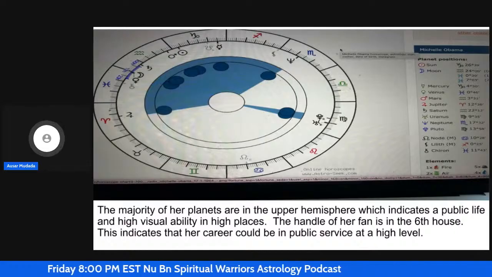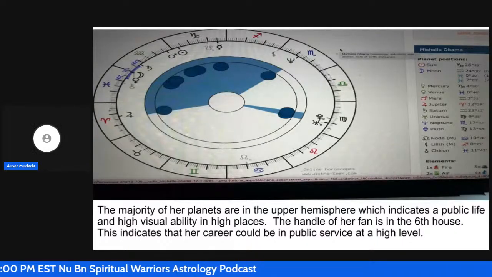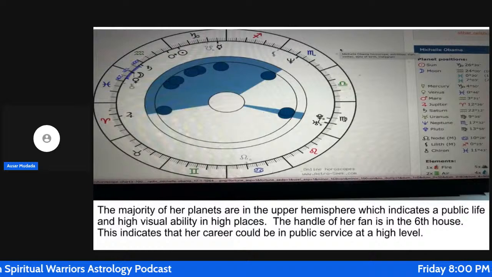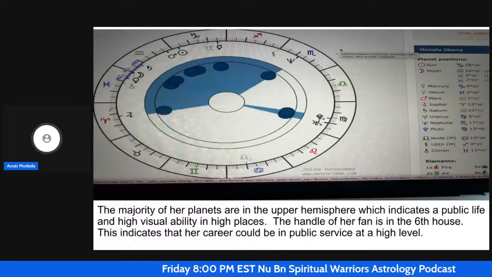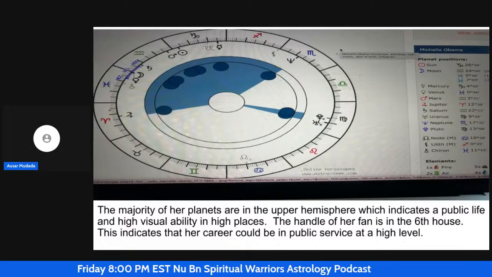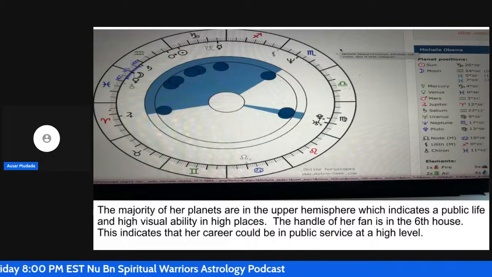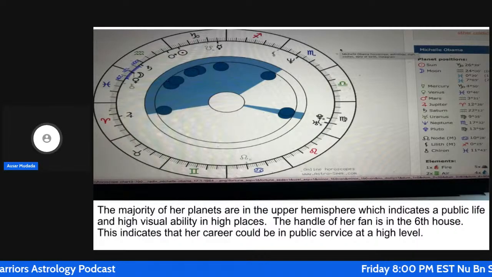For Marilyn Monroe, it was in the 4th house. For this particular person, it's in the 6th house. And you have 2 planets there conjuncting each other as the handle of the fan or the bucket.